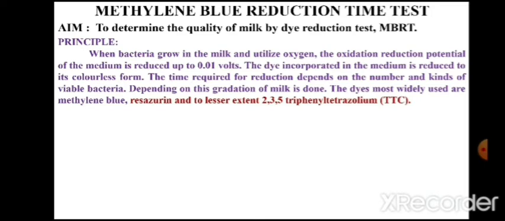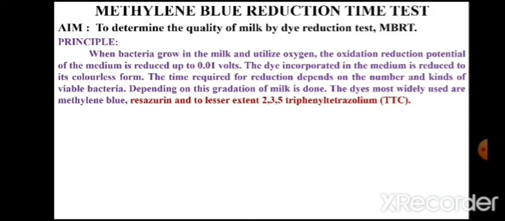Therefore, that environment becomes rich in electrons. This means that the medium or the milk gets enriched with electrons. That means that environment is a reducing environment. So the reduction potential of that milk sample in which bacteria are heavily present and metabolizing increases.